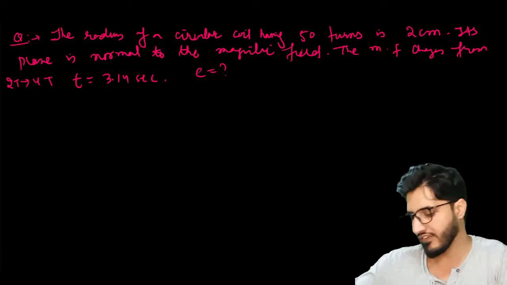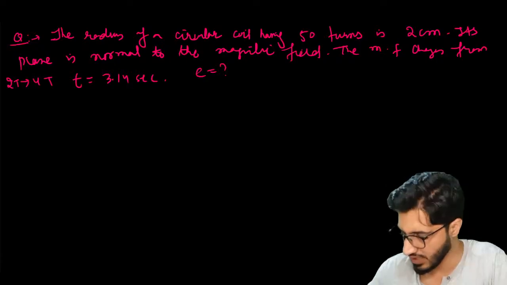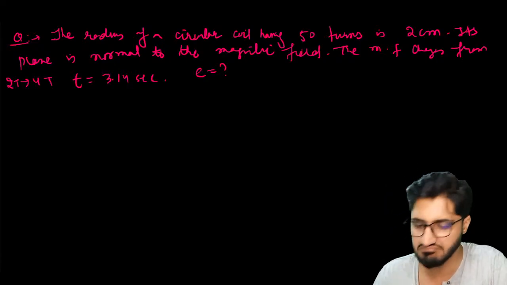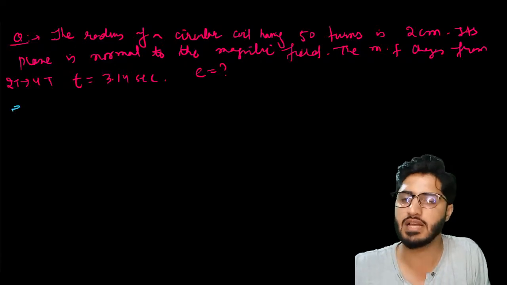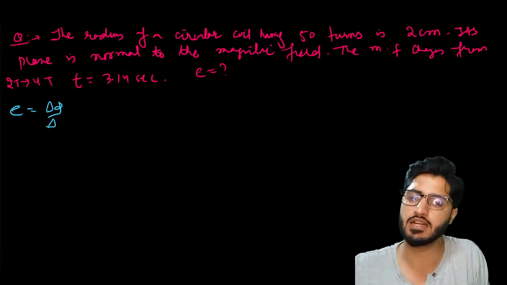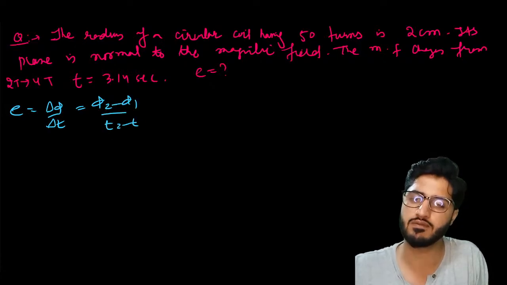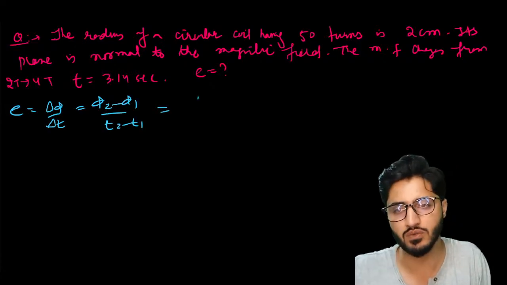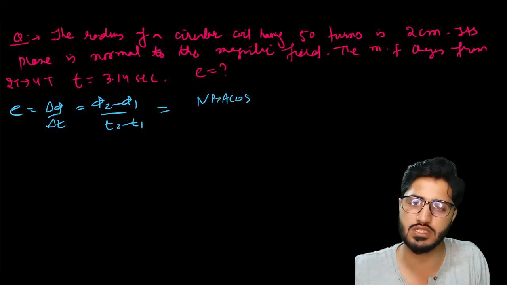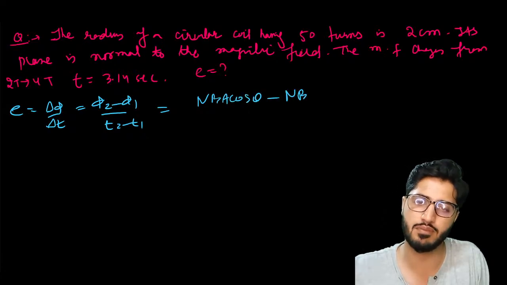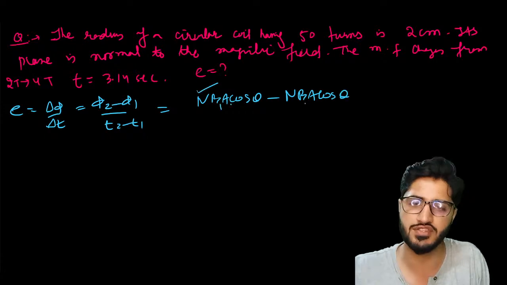How can we find the E? Sir, my answer is E equals delta phi by delta T. Is it phi 2 minus phi 1 divided by T2 minus T1? Yes, sir. So what is phi 2? It is NBA cos theta minus NBA cos theta. N is the same, only B is changing, no? T is given as 3.14.